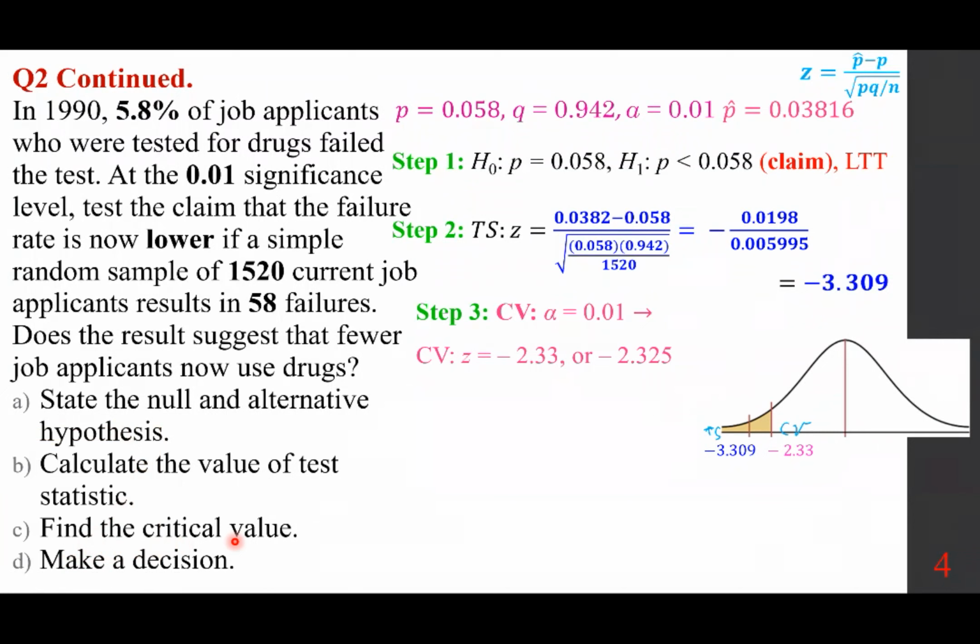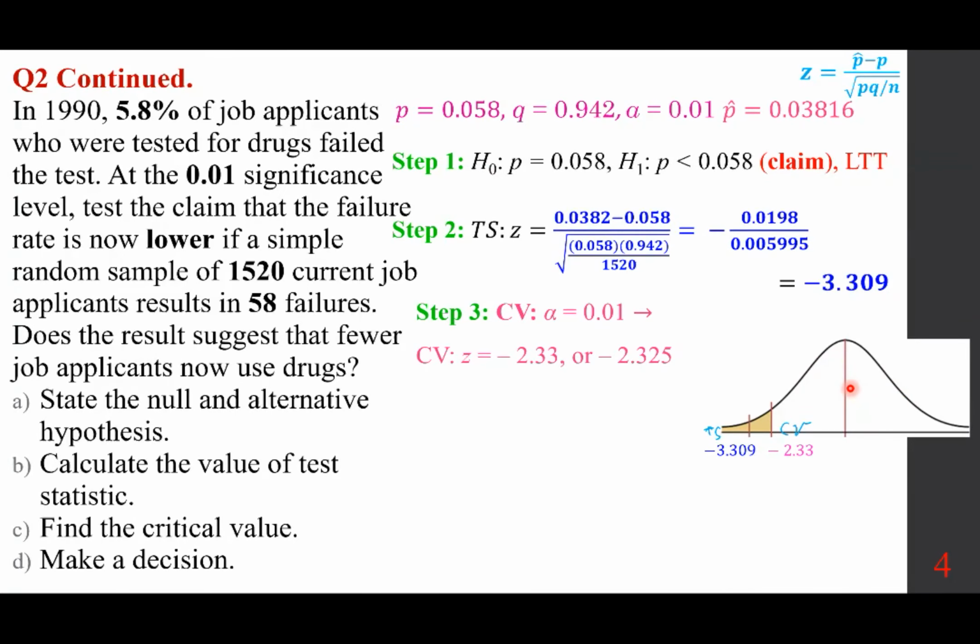I'm going to make a decision. There are three parts to it. Because the test statistic is way into the rejection region, we are going to reject H0. One more time. Test statistic in a matter of comparison to the critical value, because it's in the tail, reject H0. If it was in this vicinity, fail to reject H0.